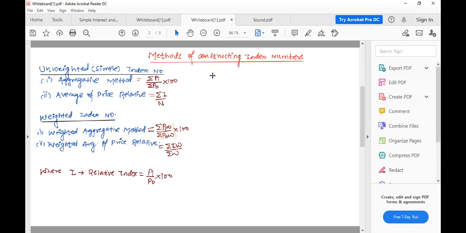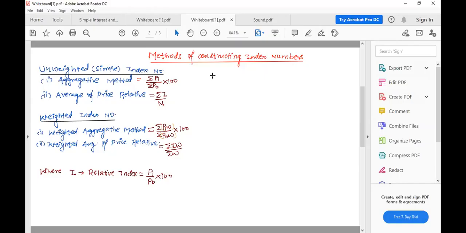The formula is, it's already there: summation of P1 upon summation of P0 into 100. Whereas for average of price relative, it is summation of I upon N. For the weighted aggregative method, I'm multiplying the values of price of the base year with the weight.